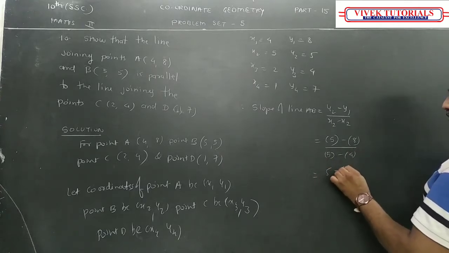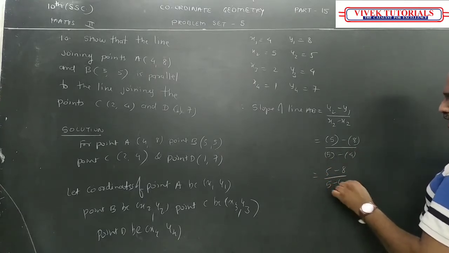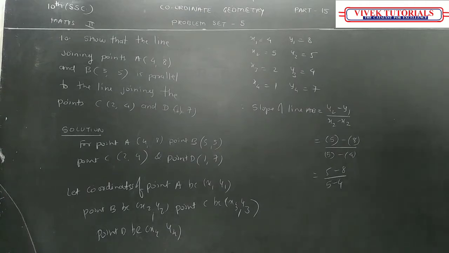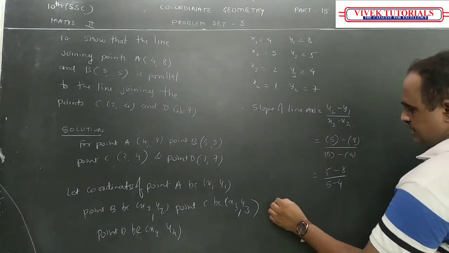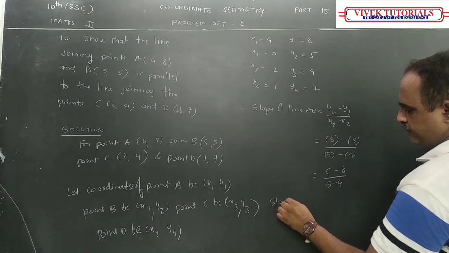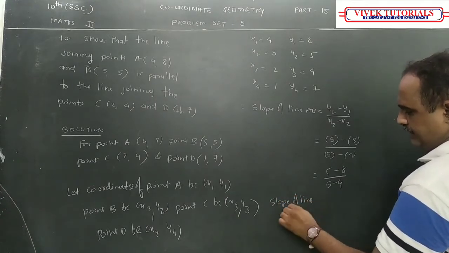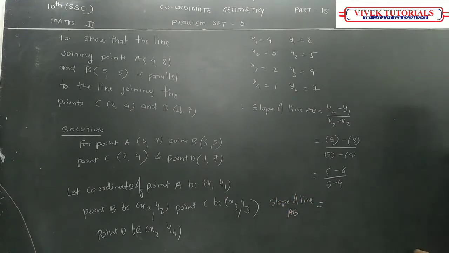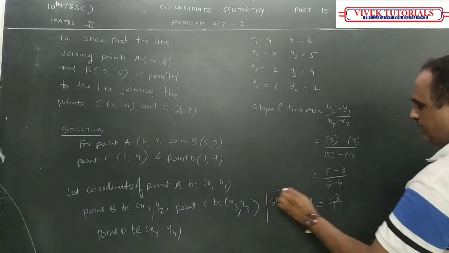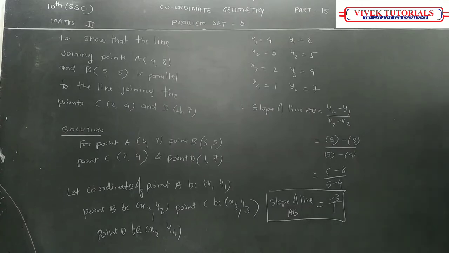So 5 minus 8 upon 5 minus 4. So the slope of line AB is equal to minus 3 by 1, which we put in a box.